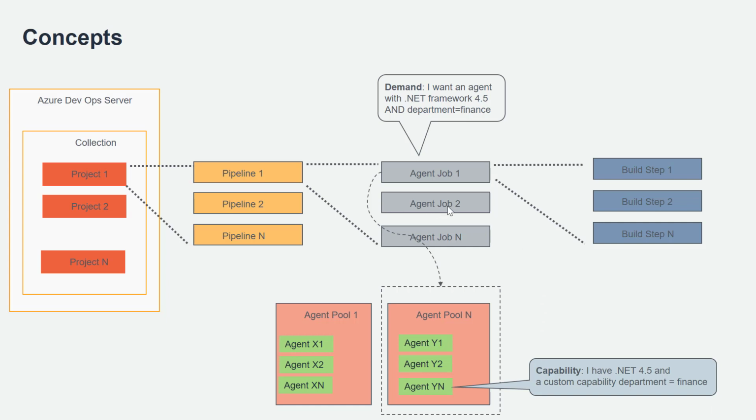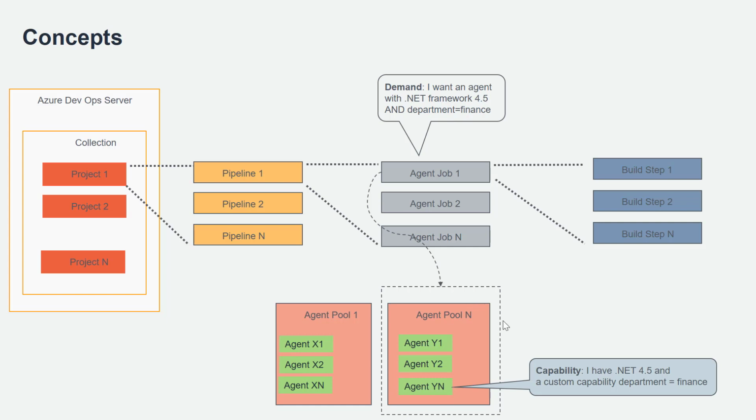Let's say this agent job 2 may be from project 2 or maybe project N. Then whoever comes first, in this case agent job 1, will first get executed on the only agent that has these capabilities, and the other job will get delayed until the first job is complete. Once that first job is completed, this agent will be free and agent job 2 will get executed if it demands all these capabilities.